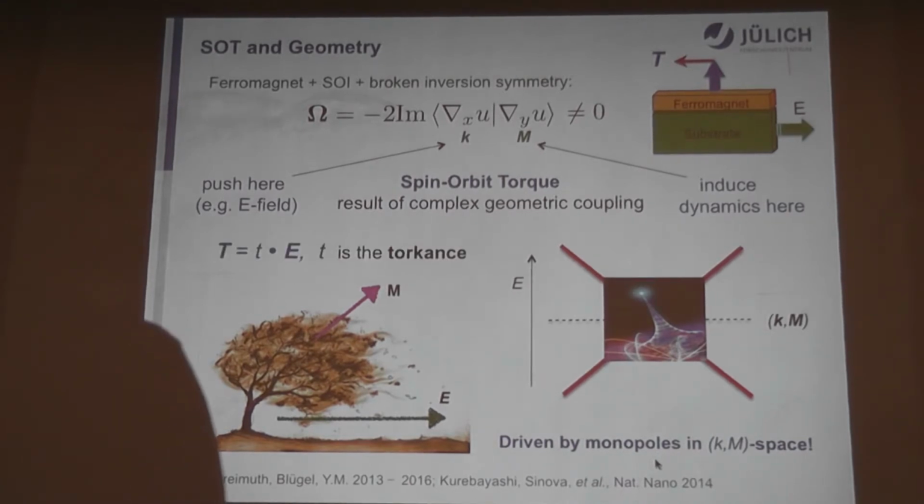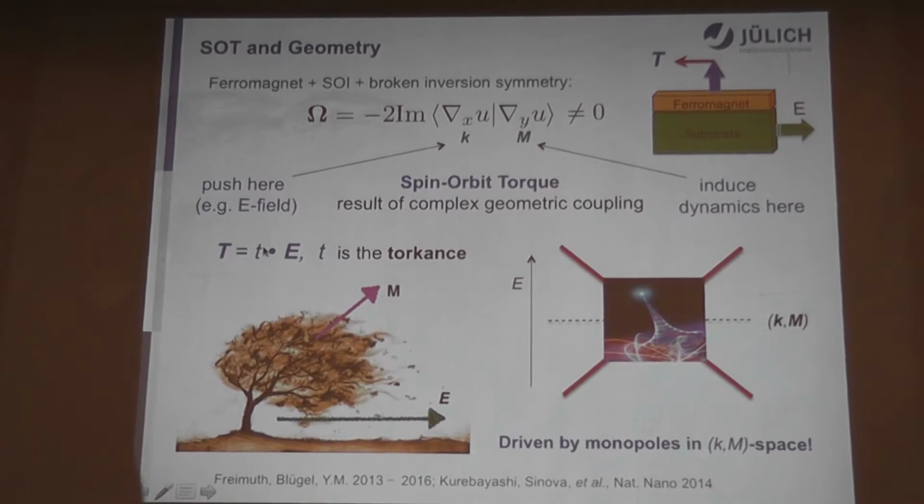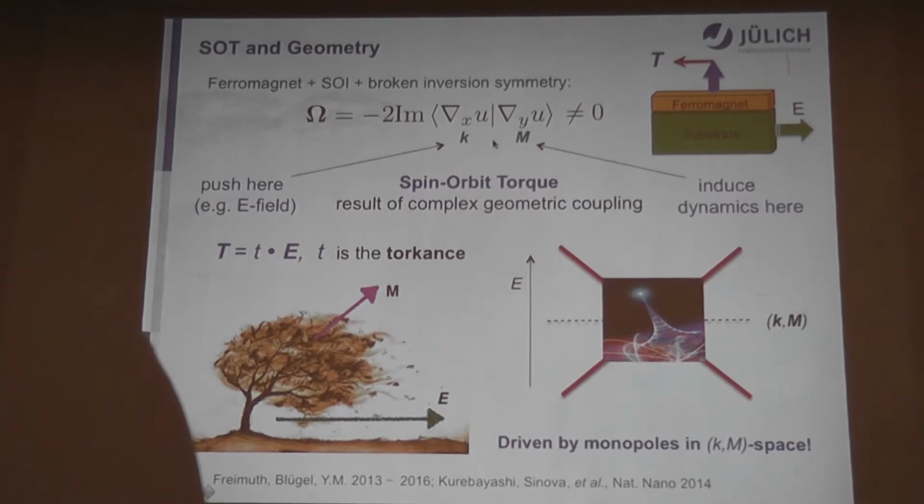Now, to be a little bit more formal, we can define the torque which a current E exerts on the magnetization in terms of a tensor which we call torquance, in analogy to conductance, which we know from electrical transport. We can calculate spin-orbit torques in various systems based on these curvature arguments. However, we can also apply the Kubo linear response theory, in the spirit of what we did for electrical transport, to study the influence of disorder on spin-orbit torque.